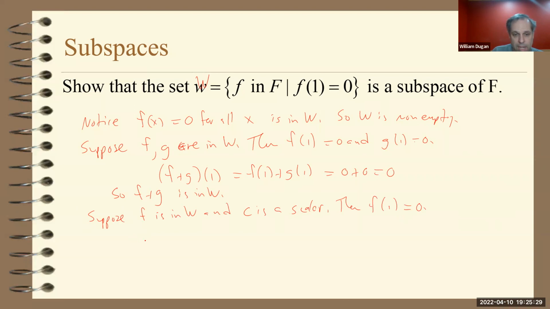But then c times f, that function, at 1, by definition, is c times f of 1, because that's how we define multiplication of functions by scalars. But that is c times 0, and that's 0. So c times f is in W. It's therefore a subspace. And that's it. So this weird thing is a subspace of the set of all functions.